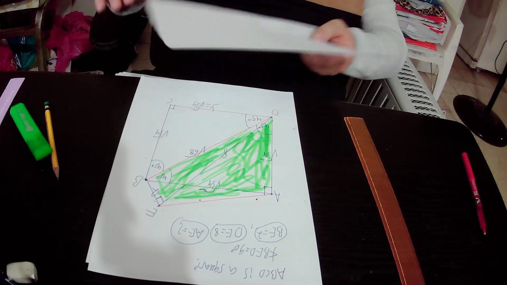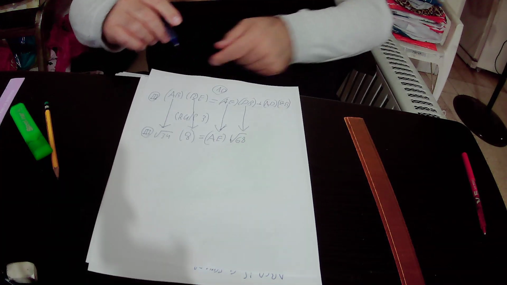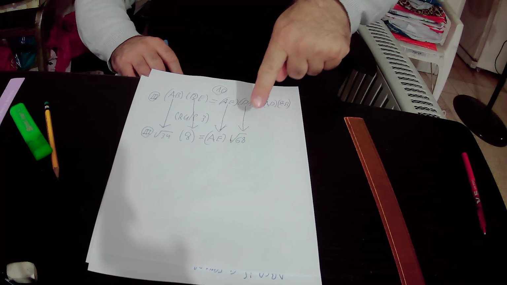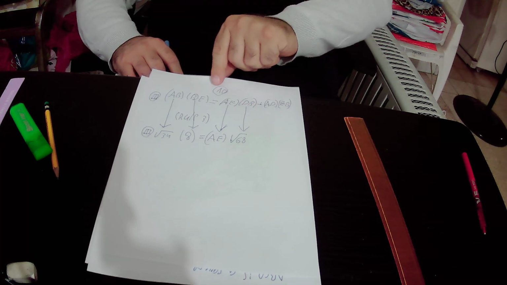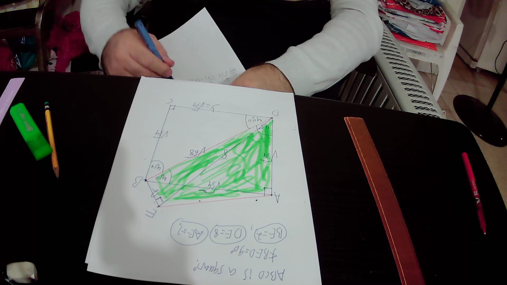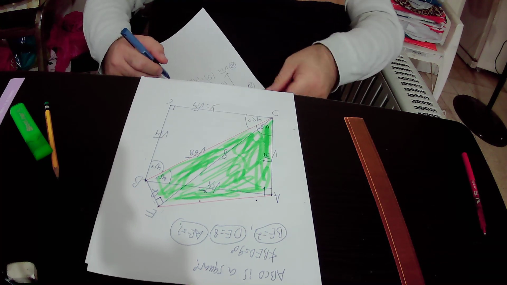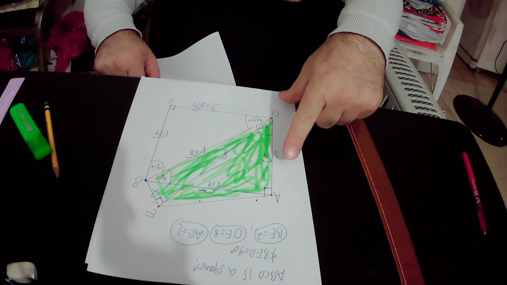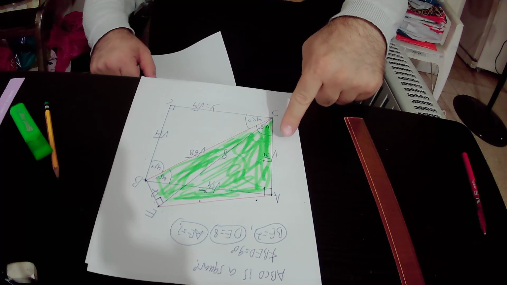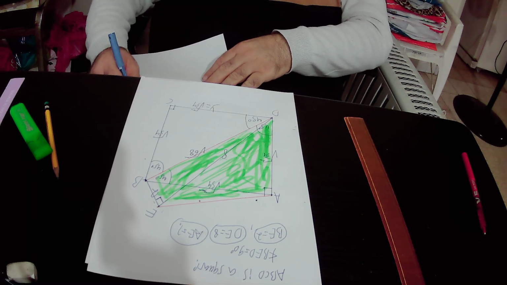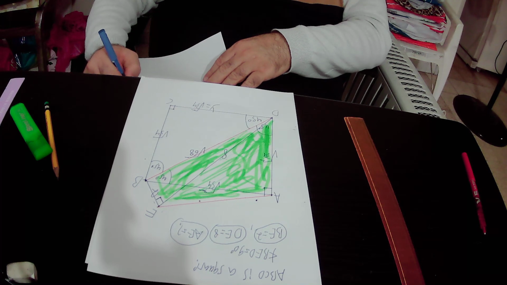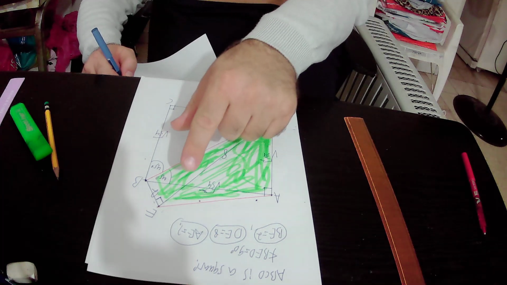So on the other side of equation number 3, AE is AE and DB equals square root of 68, plus AD equals square root of 34, and EB equals 2 units.